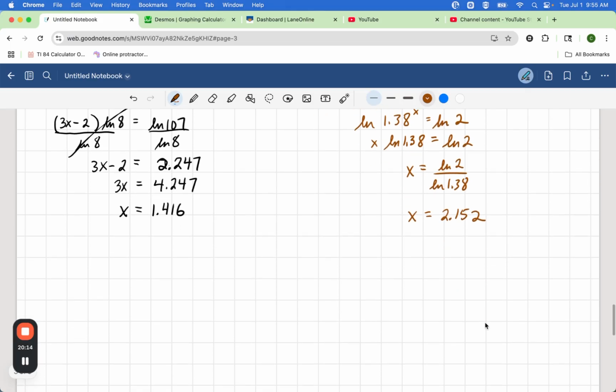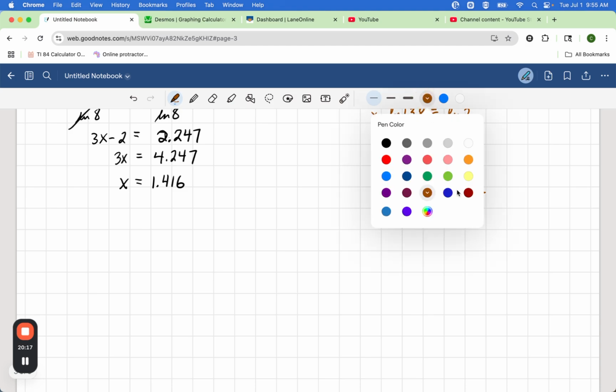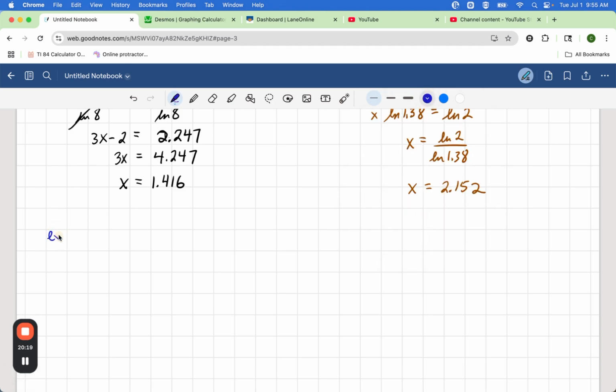Here we go. Couple more. Rewrite f of x equals 10 times 1.75 to the x in f of x equals a e to the kx form. Okay, so we just have to compare what's supposedly equal to what in here.